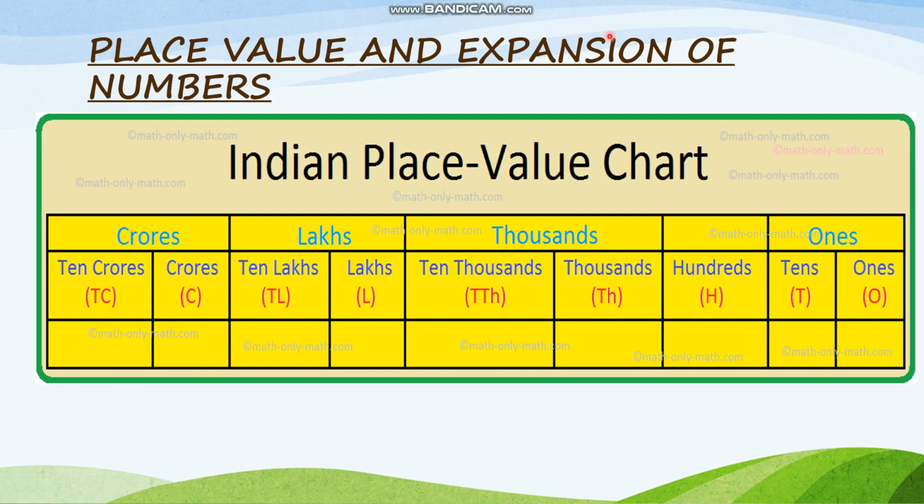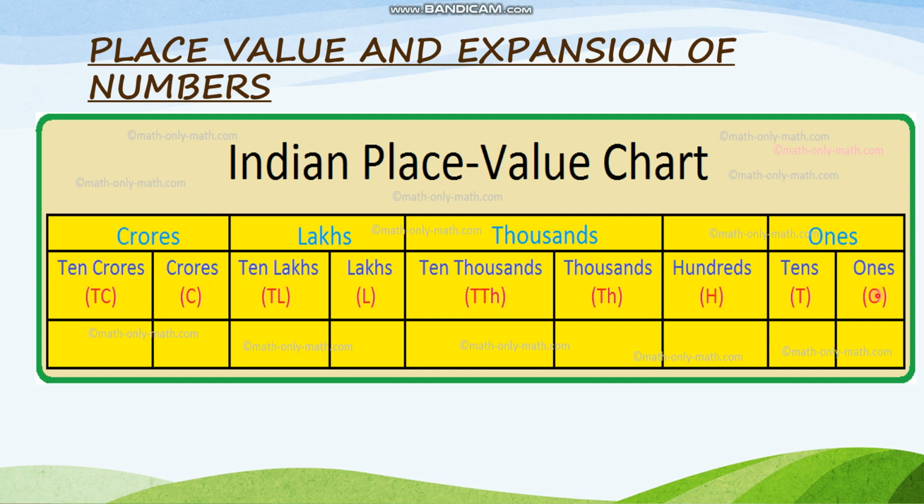So, look at this place value chart. This is the Indian place value chart. In the Indian place value chart, there are some places and some periods given. The places are ones place, tens place, hundreds place, thousands place, 10,000s place, lakhs place, 10 lakhs place, crores place, 10 crores place.